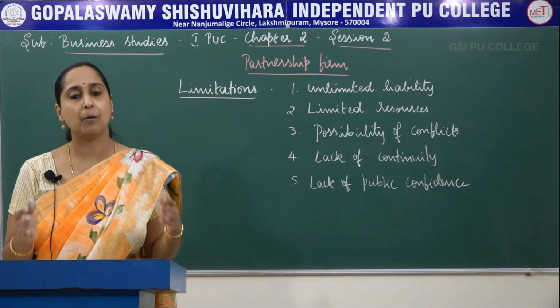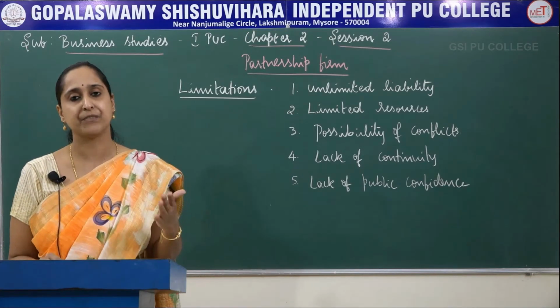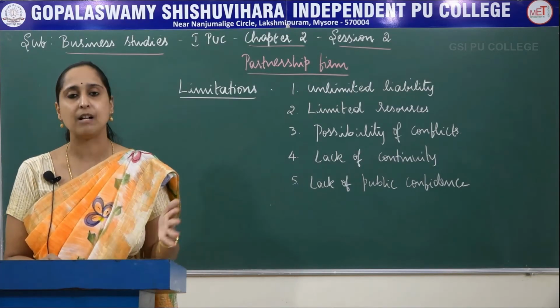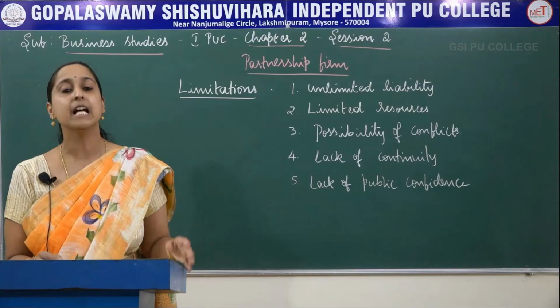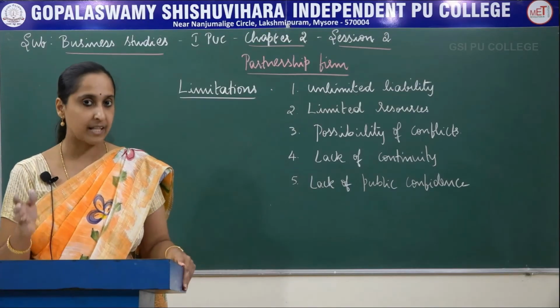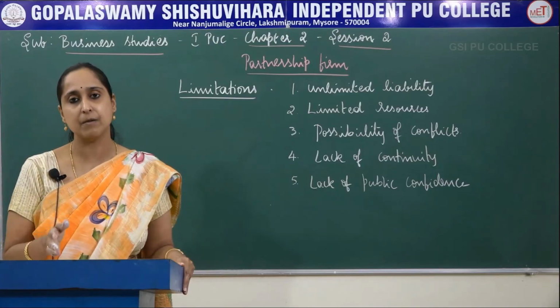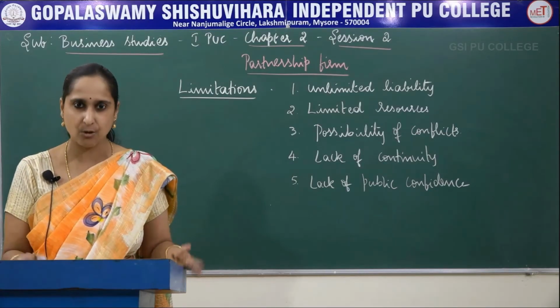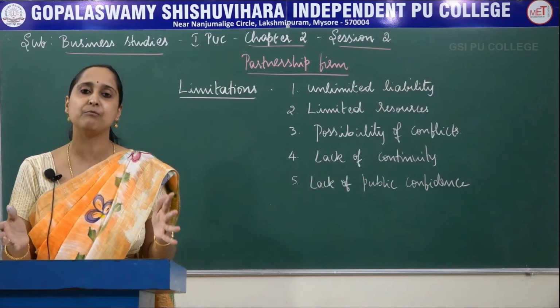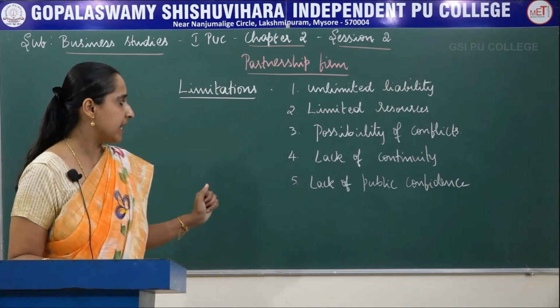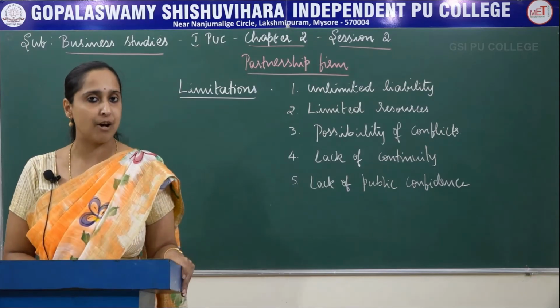See, if one of the partners dies, or if it leads to insanity or insolvency or some physical ailment, here the remaining partners have to make a new agreement and the remaining partners will continue with their business. So lack of continuity means here they have to make a new agreement again. So that is lack of continuity. Next is lack of public confidence.